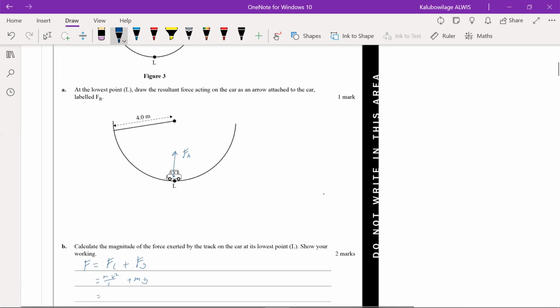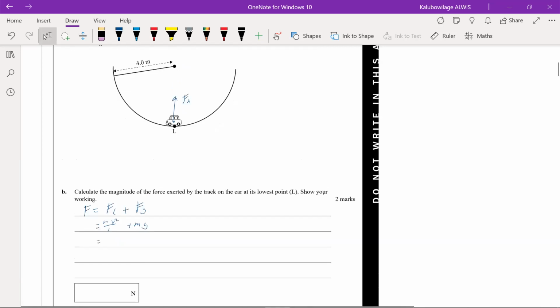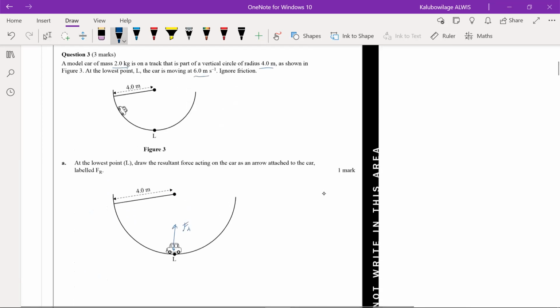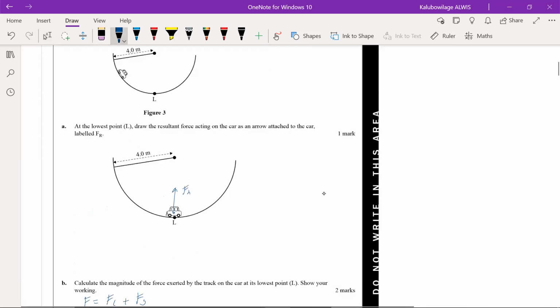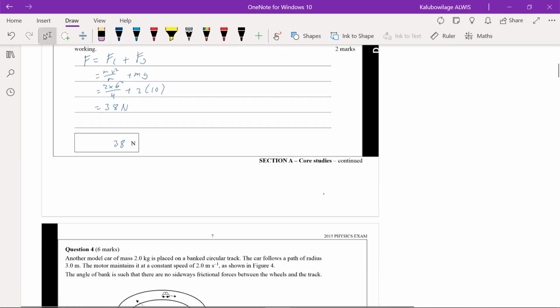Radius is 4. And it's going at 6 meters per second. So 2 times 6 squared over 4, plus 2 times 10. This comes down to 38 newtons.